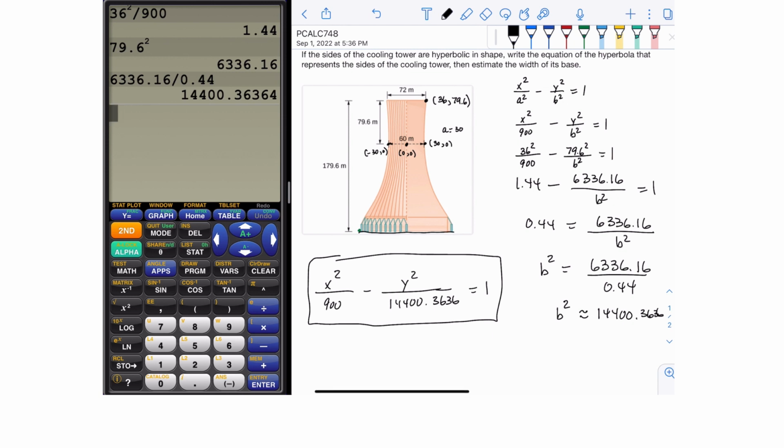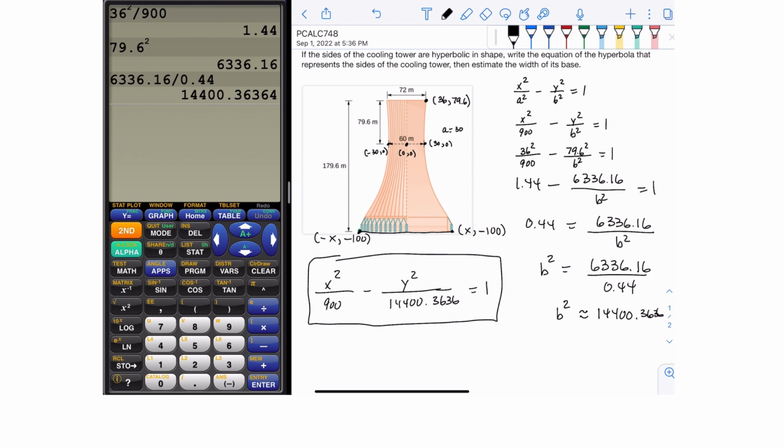Now, since the topmost y coordinate is 79.6, and the entire tower is 179.6 meters tall, that means these points here have x coordinate unknown, but y coordinate negative 100. So if I find the value of x, I know the width of the base, because all I have to do then is double it. x gives me the distance from the center to one of the endpoints.